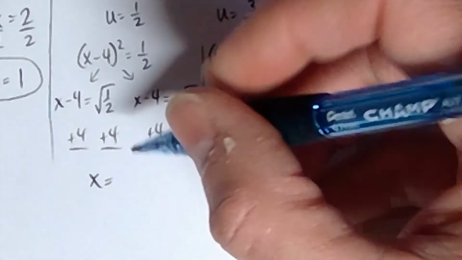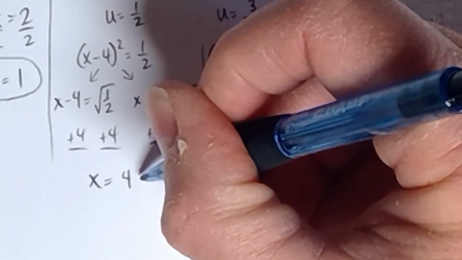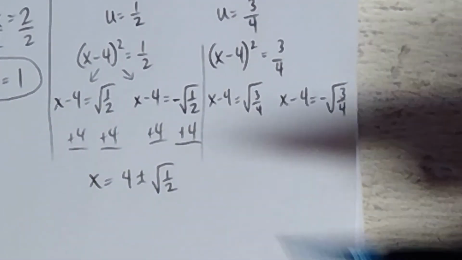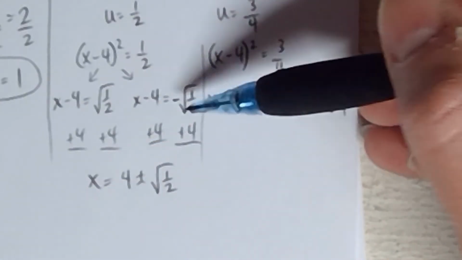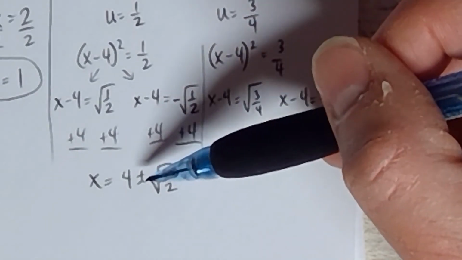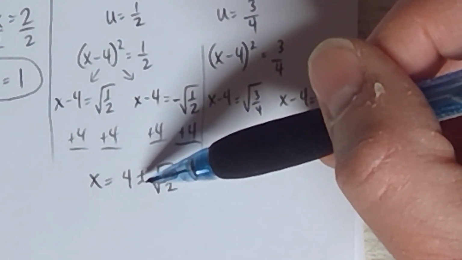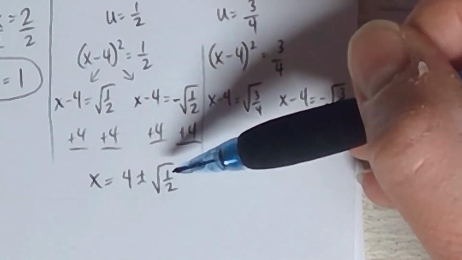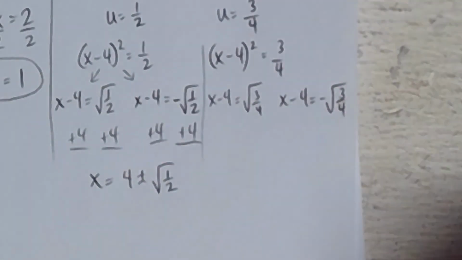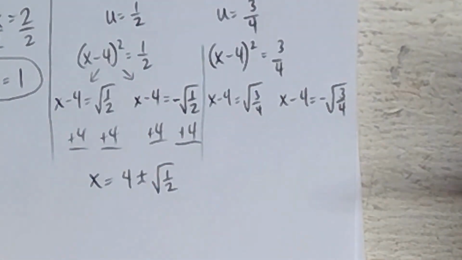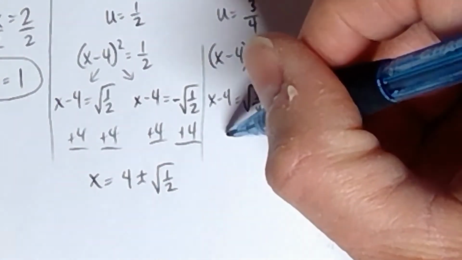But we learned that that's the same thing as saying 4 plus or minus the square root of 1/2, because the two answers are the same except you have a plus in the middle of the first answer and a minus in the middle of the second one. Since the other parts are the same, you can just change that to plus or minus to consolidate it down into one statement. Same thing happens over here.